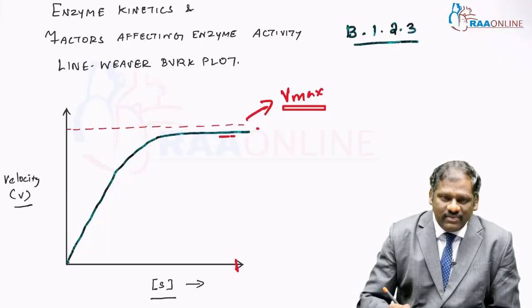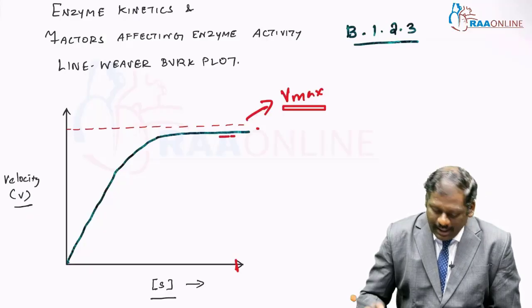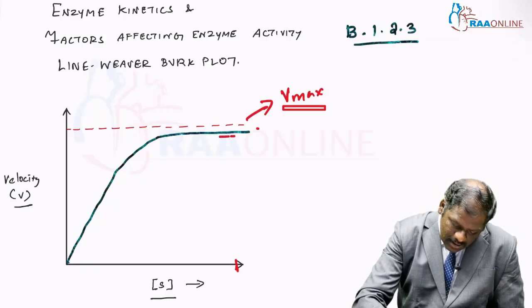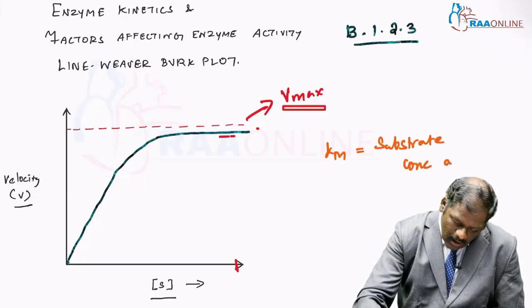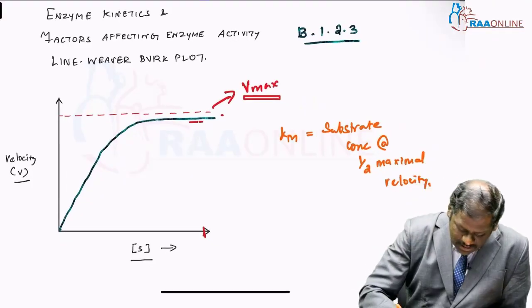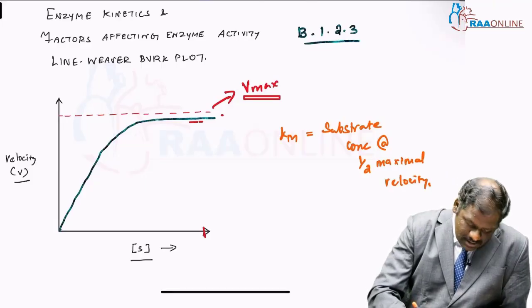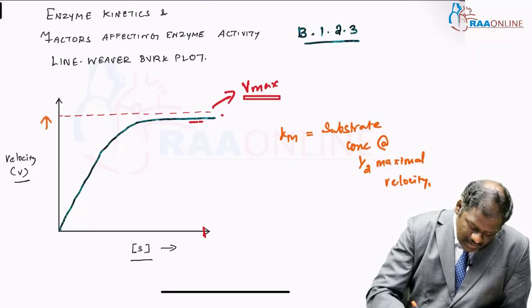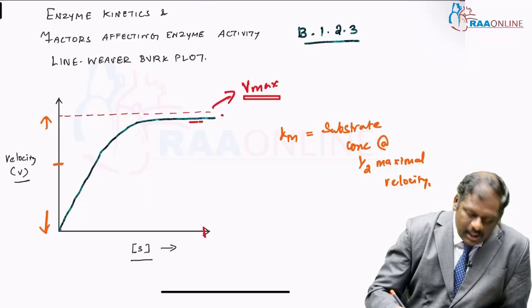Now, with the help of this Vmax, we have another thing called Km. What do you mean by Km? Km is nothing but the substrate concentration at half maximal velocity. So it means what? It is nothing but the concentration of the substrate. Okay. So you take this full as the Vmax, and you take the half of this, say for example here.